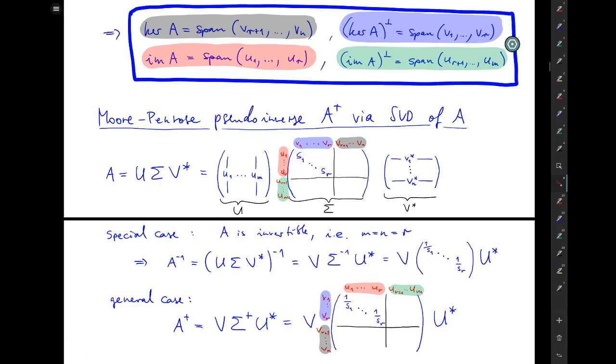And you can see that these two blocks are only playing between the red and the blue space. So this one is going forward from the blue to the red space, so it's coming from the orthogonal complement of the kernel, which is in X in the first space, and it's going to the image of A, which is of course on the other side in Y. And now you have to go backwards, so starting from the image of A, where you have projected orthogonally by ignoring everything here, you want to go back to the blue space by exactly inverting what A was doing here.